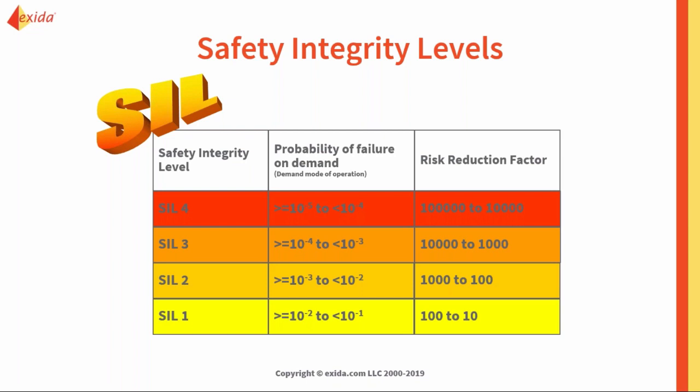They not only have their PFD average tables associated with the safety integrity level, but they also have their risk reduction factor tables associated with them. So they do their calculations and they're able to calculate the risk reduction they're hoping to achieve, and also the risk reduction that they're actually achieving.